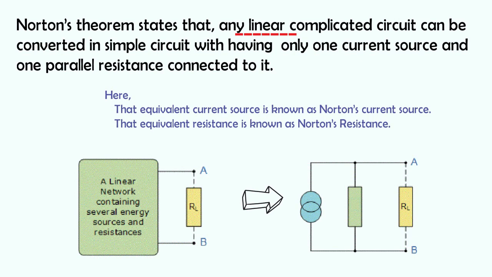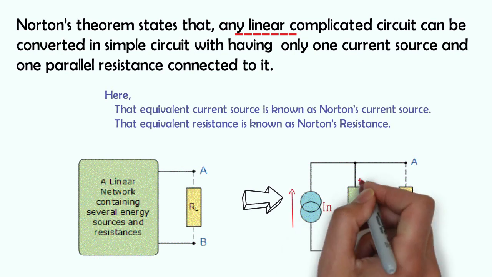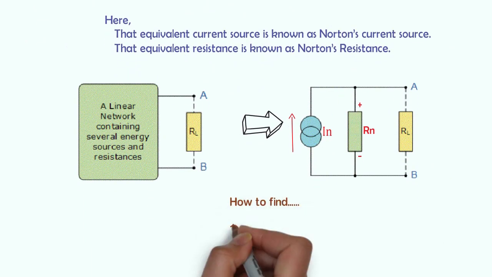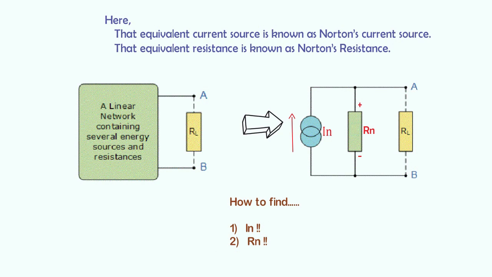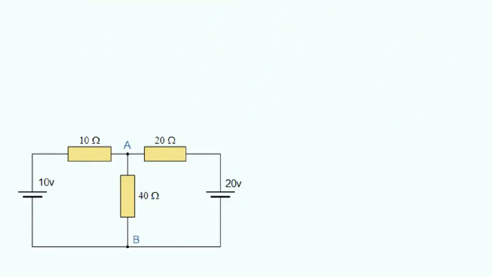Here, IN and RN are Norton's current and resistance respectively. But now, the question is how to find this Norton's current and Norton's resistance. For that, let's take a simple circuit. Here I am considering node A and node B as a load path and 40 ohm resistance as a load resistance.